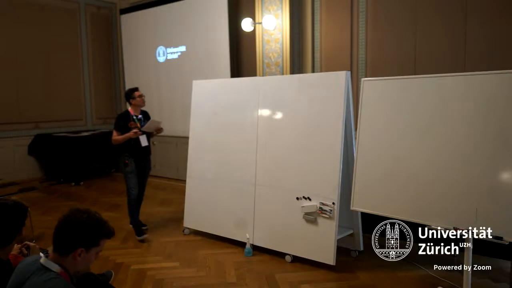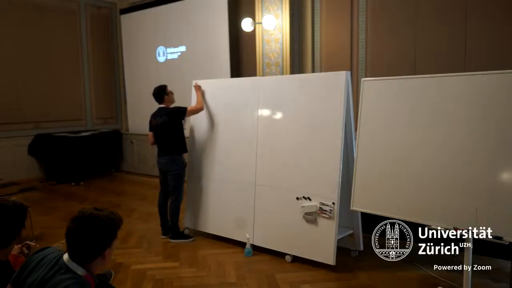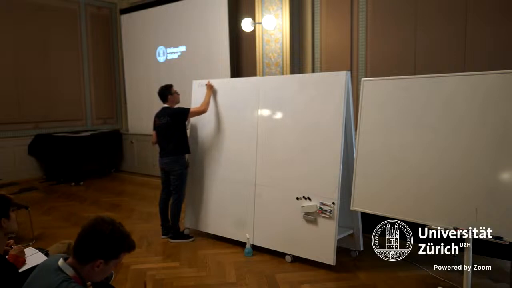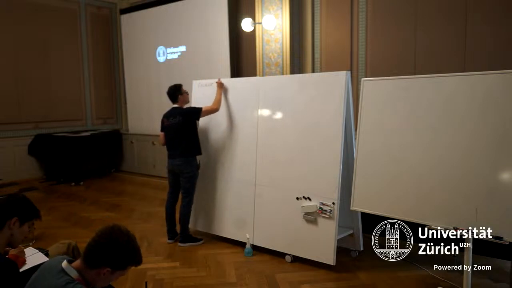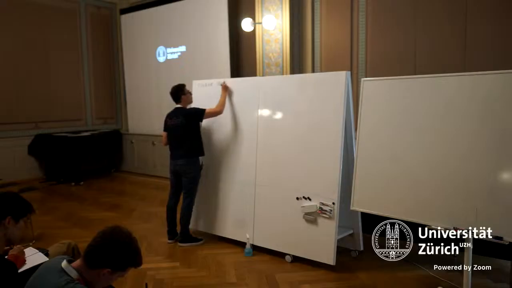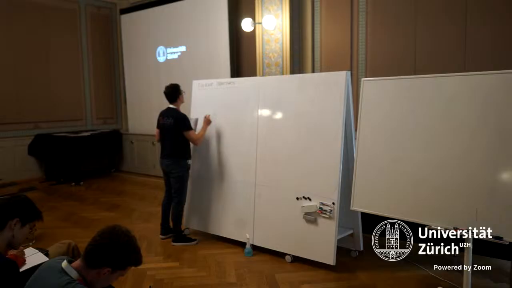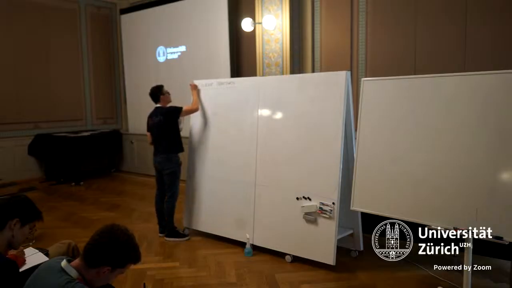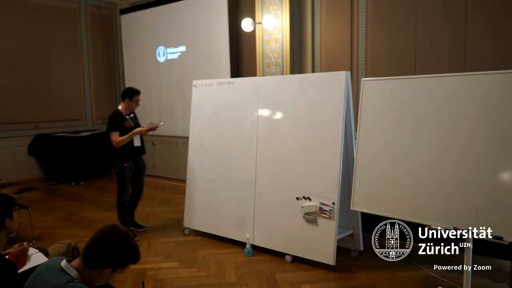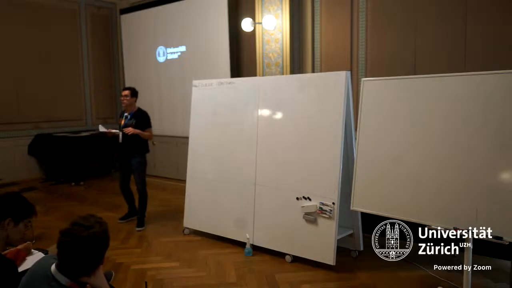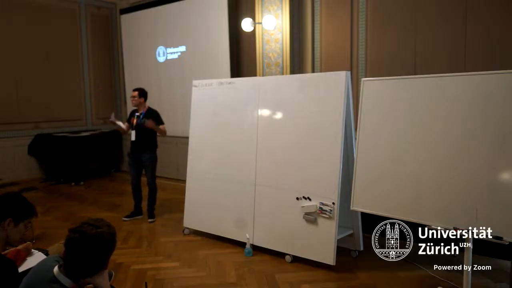So let me start with just the Fourier transform. I'm going to talk about the discrete Fourier transform, so finite dimensions. So this is a linear transformation that sort of shuffles around a vector as much as it can.